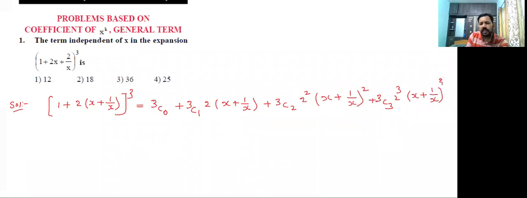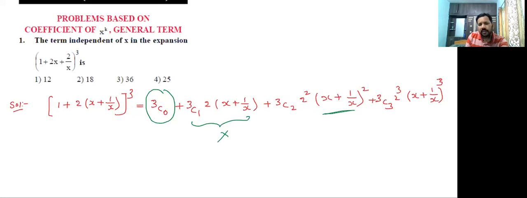Here observe that where the independent term is possible, that means where constant terms are possible, those we can identify. This is one term, this is a constant term, but here there are no constant terms, x and 1 by x are there.